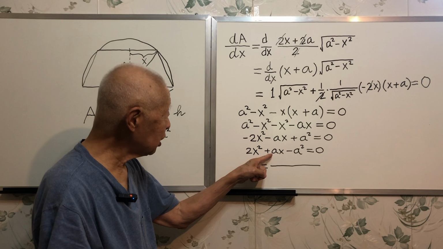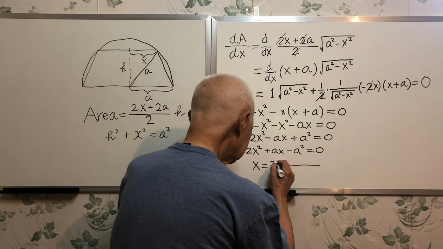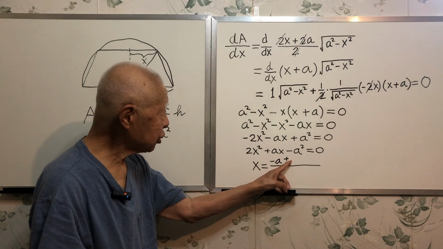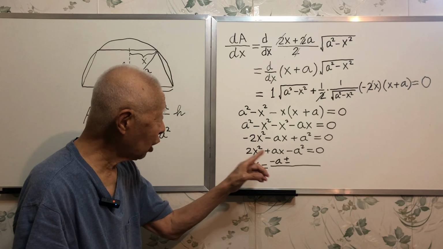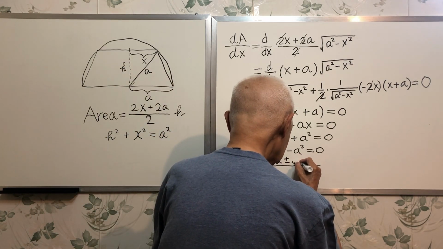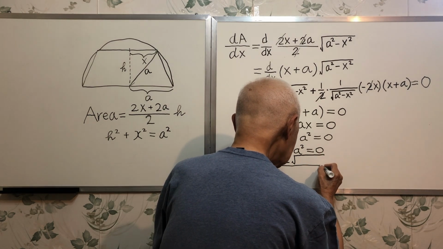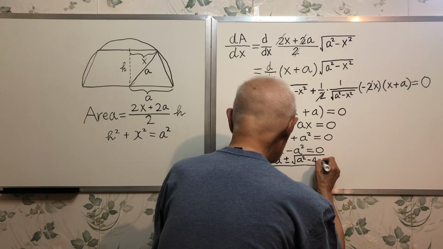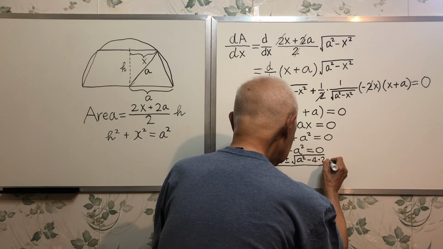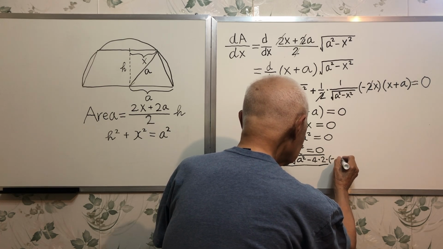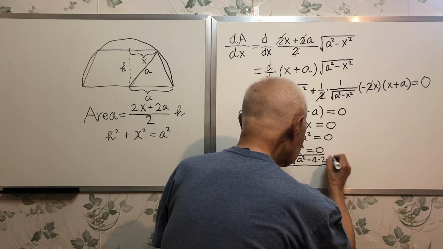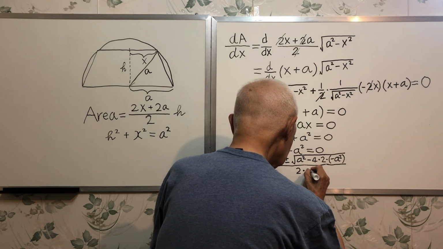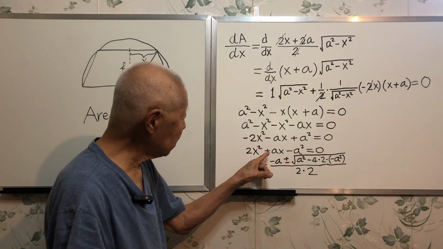Minus b, b is a, plus minus square root of b squared minus 4ac. b is a.